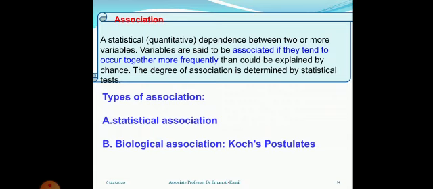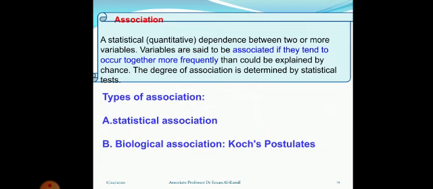So there is dependence: the development of cancer depends on exposure to smoking, or individuals who are exposed to asbestos are likely to develop asbestosis, for example.